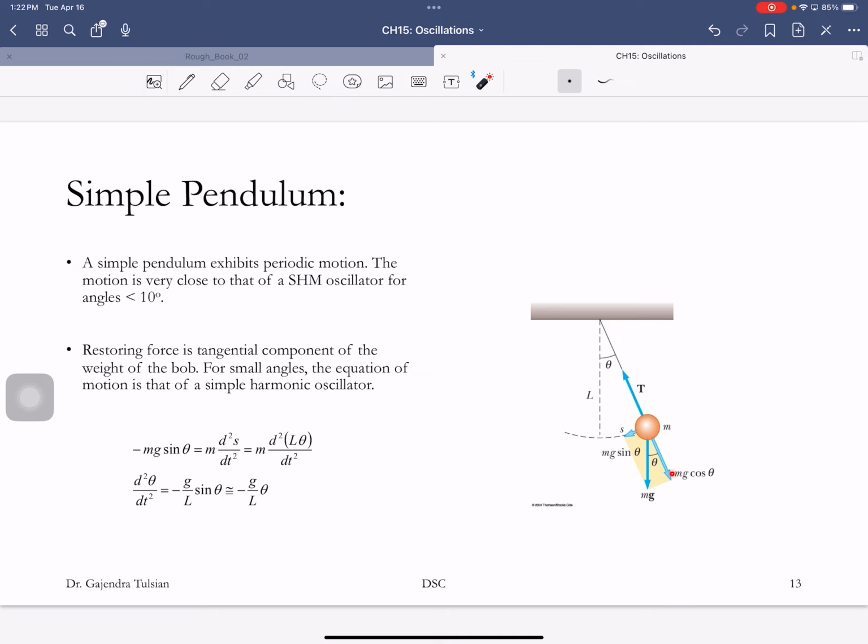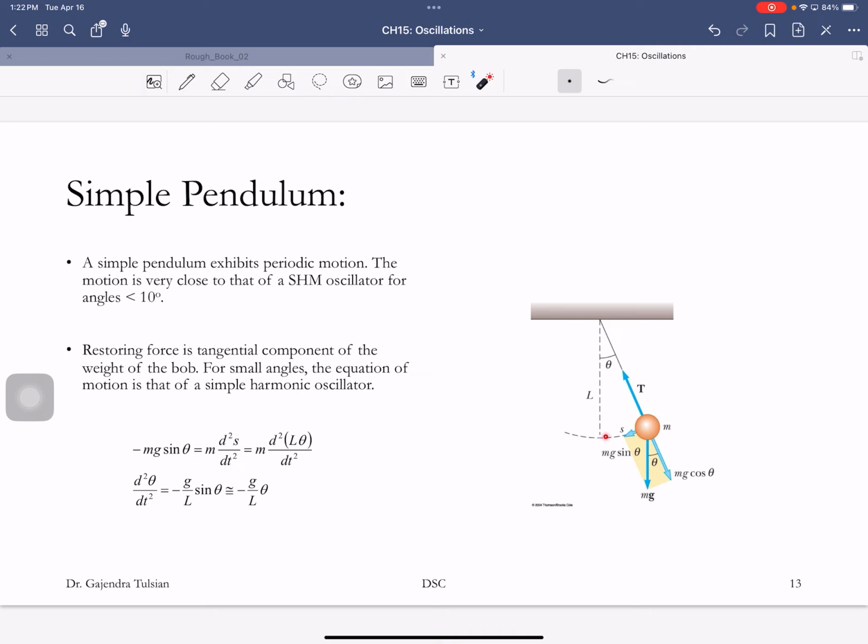One component of the force of gravity balances the tension, and the other component is the restoring force, bringing it back to the equilibrium position. So minus mg sine theta equals m d square s by dt square, where s is increasing in this direction.